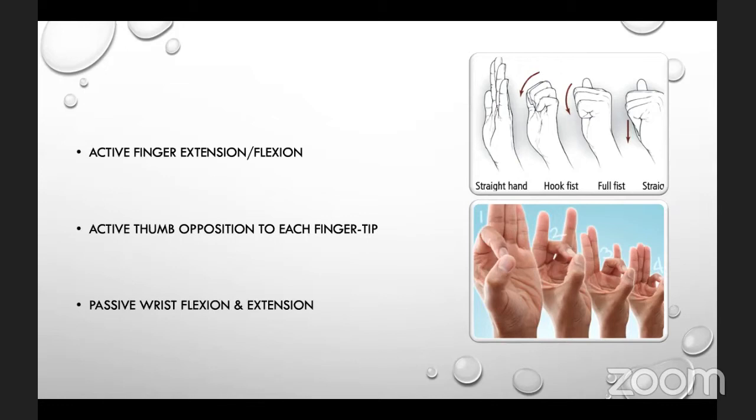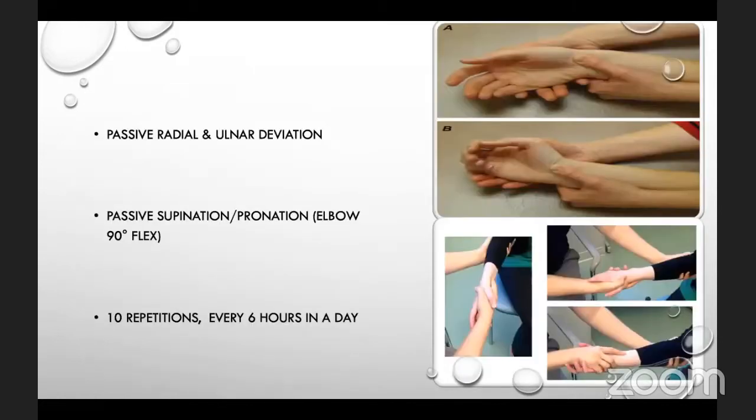It was very important that the elbow should be flexed 90 degrees. I taught him all these exercises and told him to do them at home also, with 10 repetitions, 3 times a day.